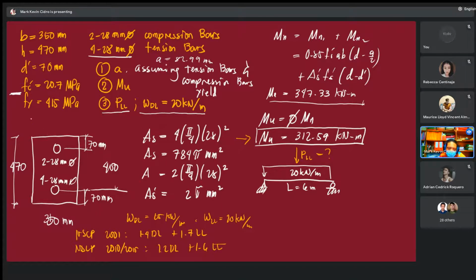Usually the problem gives the unit weight of concrete. If not given, you assume that the specific gravity of concrete is 2.4.